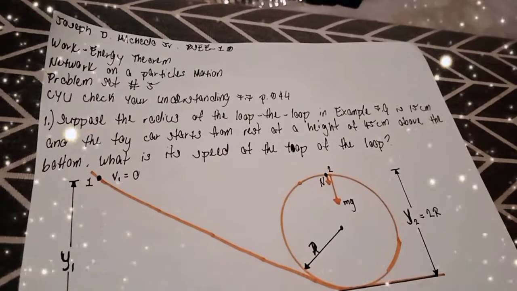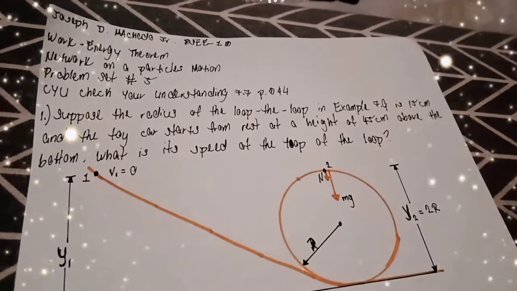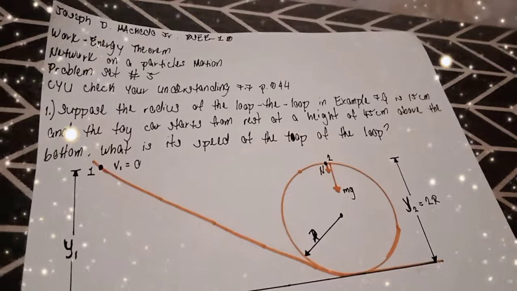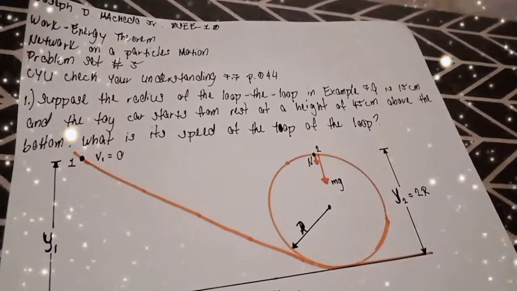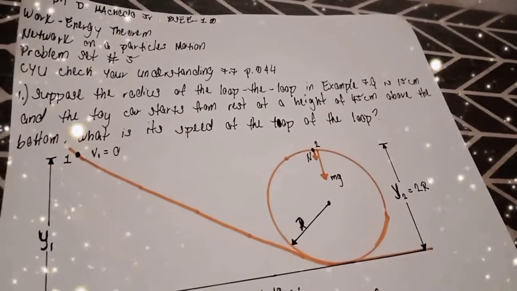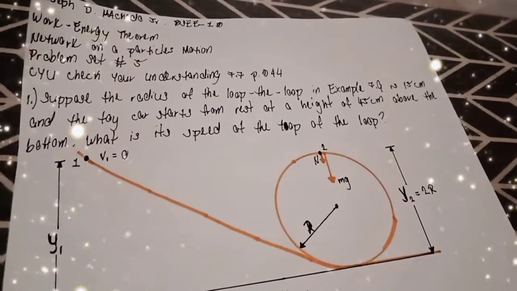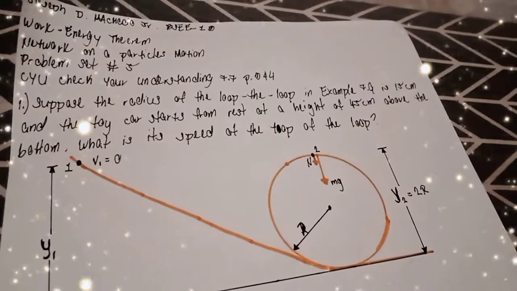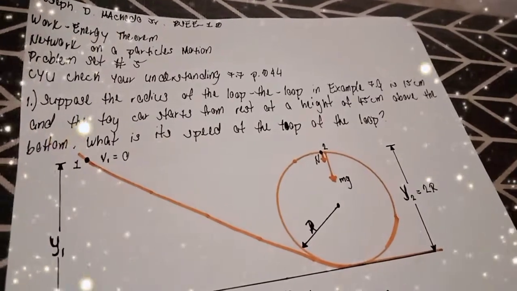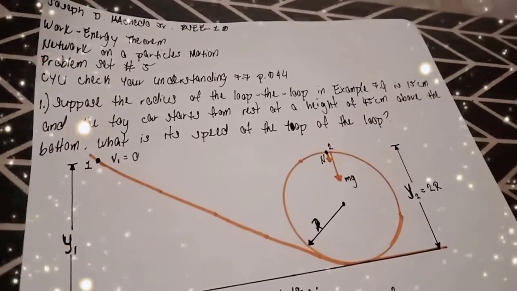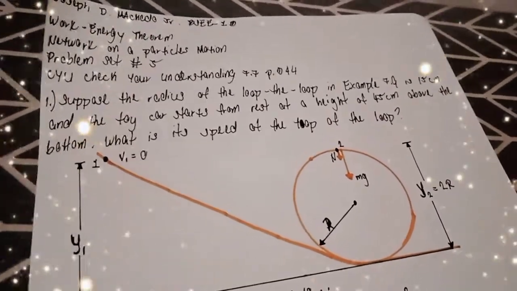Lastly, the last number, problem set number 5. Check your understanding 7.7, page 344. Suppose the radius of the loop in example 7.9 is 15 cm, and the toy car starts from rest at a height of 45 cm above the bottom. What is its speed at the top of the loop?